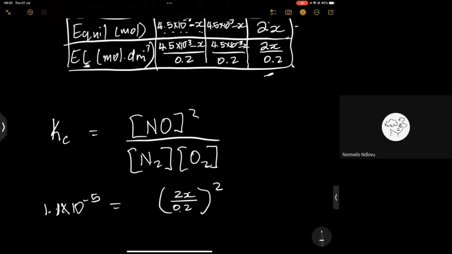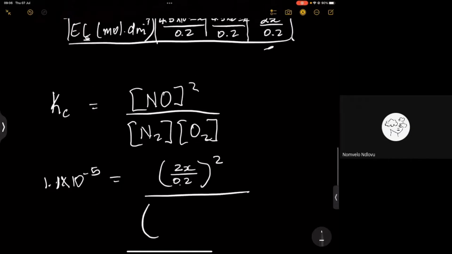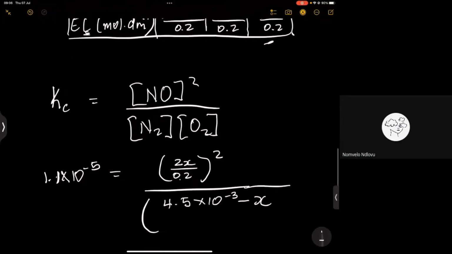Okay, because remember, square brackets in chemistry denote concentration. So now I'm substituting the concentration. So I need to use round brackets. Okay. Right, so this is divided by those two values, 4.5 times 10 minus 3 minus x, okay, all over 0.2.